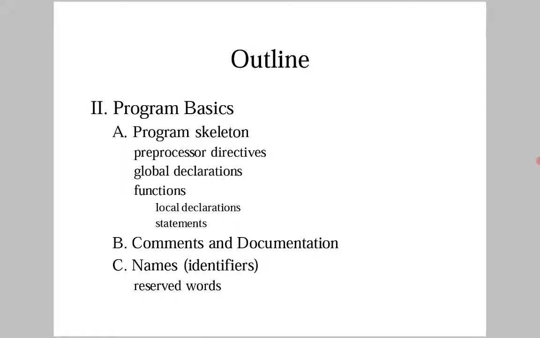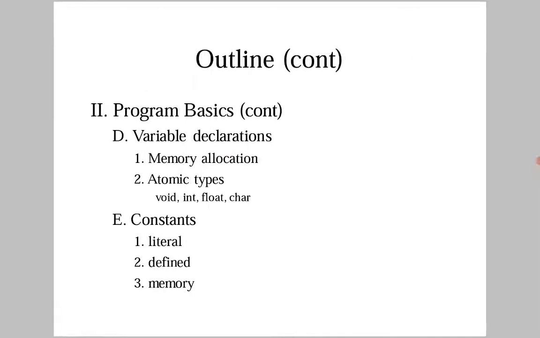In this PPT we explain various things about program basics: program skeleton, meaning structure, preprocessors, global declarations, functions, comments and documentation, names meaning identifiers or variables, reserved words meaning keywords, variables, memory allocation, different types of memories, data types, constants and literals.